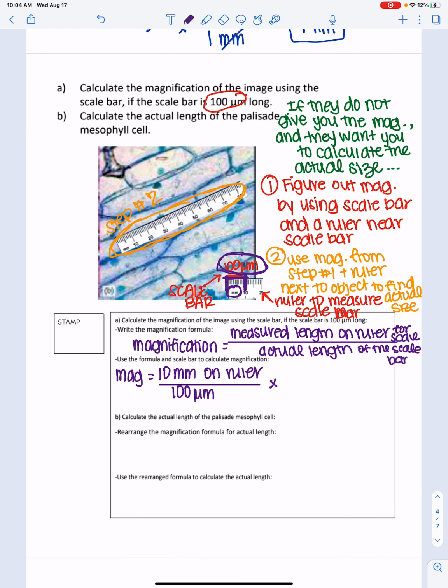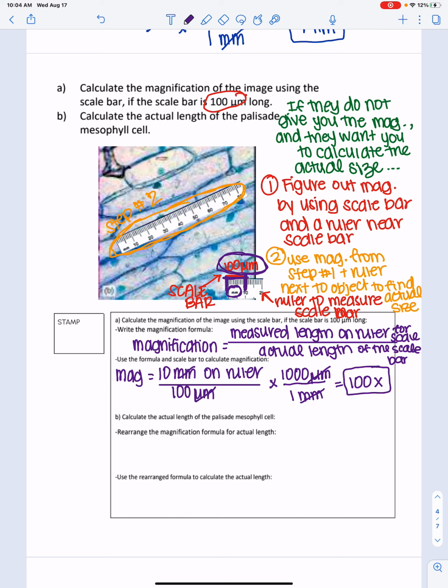So again, we want our units to cancel. I'm going to put 1 millimeter down here so that millimeters cancel out, and 1,000 micrometers so that our micrometers cancel out. So you shouldn't have any units on magnification. This is going to give us a magnification of 100 times.